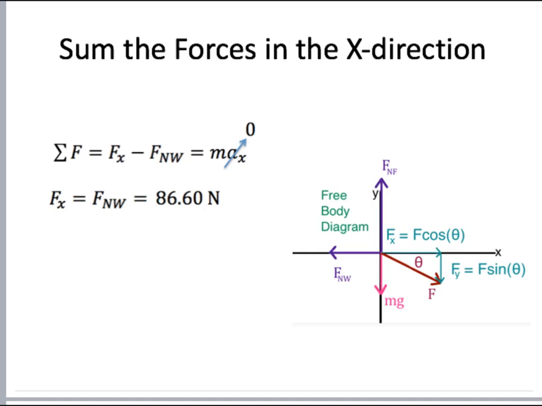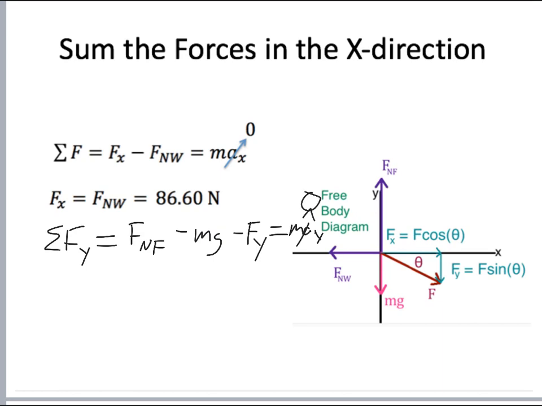Now, if we want, we can go ahead and do the sum of the forces in the y direction, which is going to be Fn with the floor minus mg minus Fy equal to may, but of course we know that may is going to be 0.